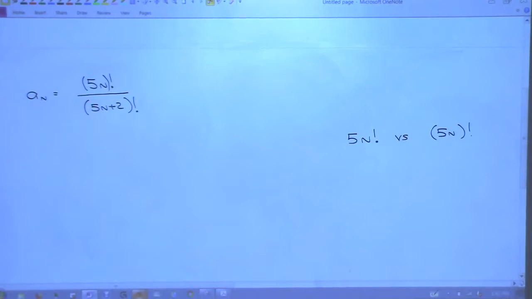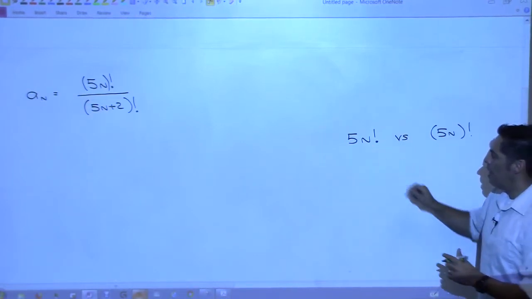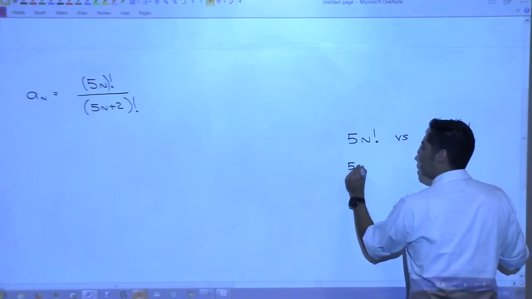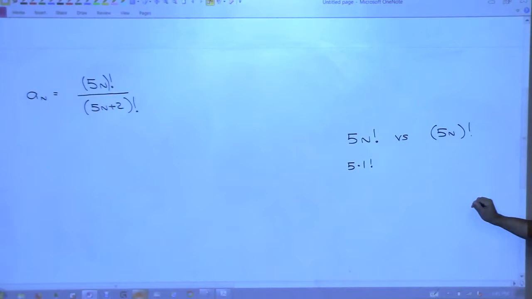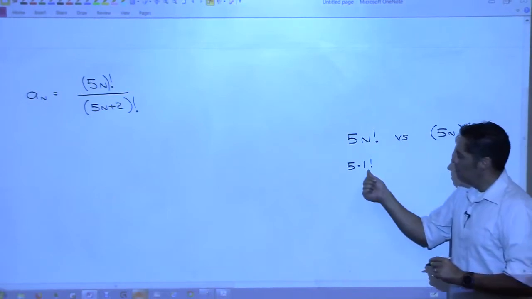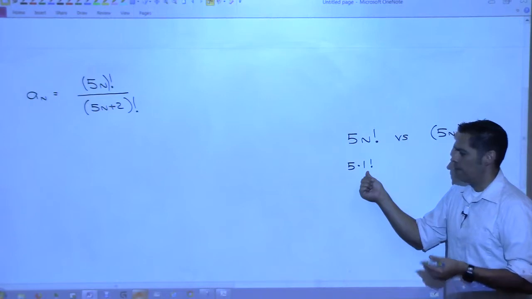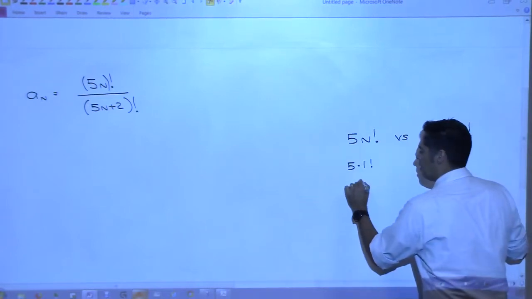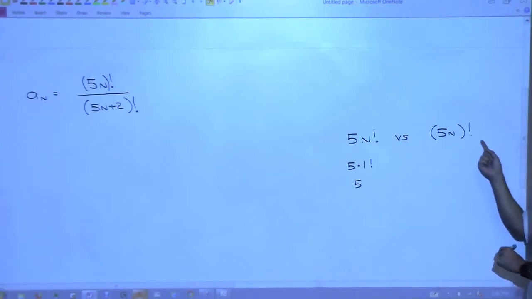Okay, so let's see what would happen if we plug 1 in here, right? This would really mean 5 times 1 factorial, right? Well, we would figure out what 1 factorial is. It's just 1, right? So this would just be 5, wouldn't it? What happens if we plug 1 in here? You get 5, but then factorial.